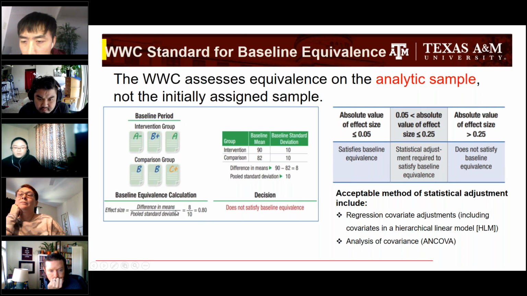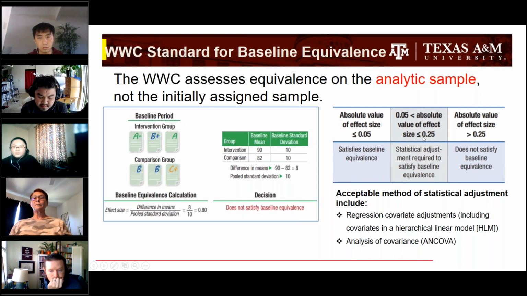However, if the absolute value of the effect size of your baseline equivalence is between 0.05 and 0.25, which means you still demonstrate some level of baseline equivalence, statistical adjustments are required to satisfy baseline equivalence. Normally, you need to include pretest scores as a covariate.